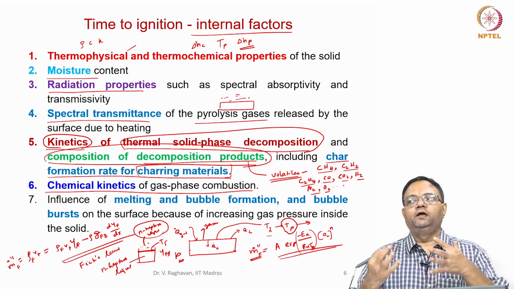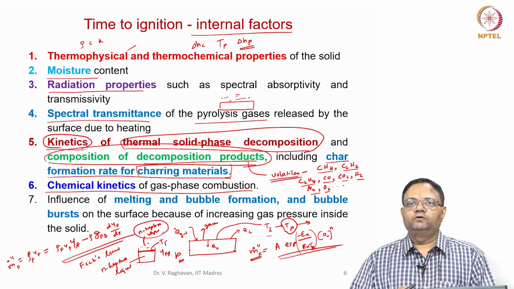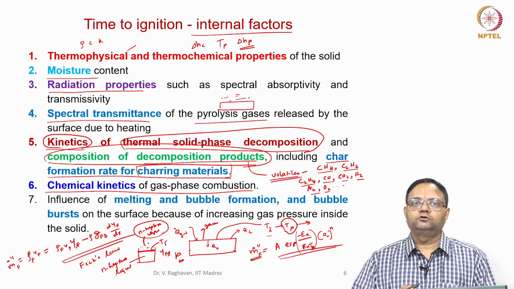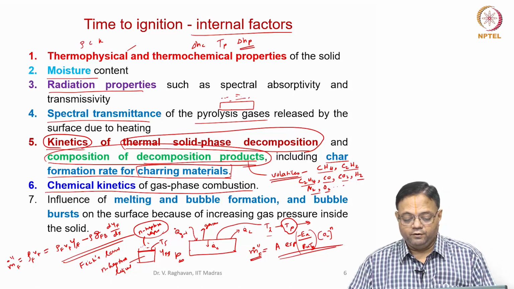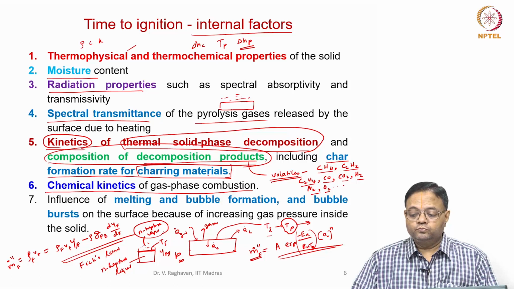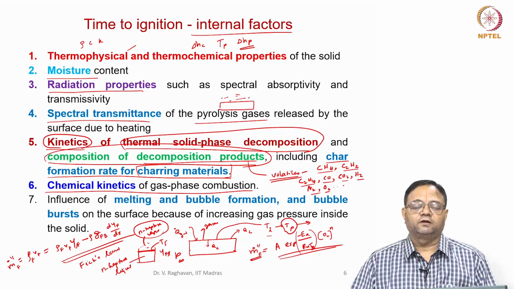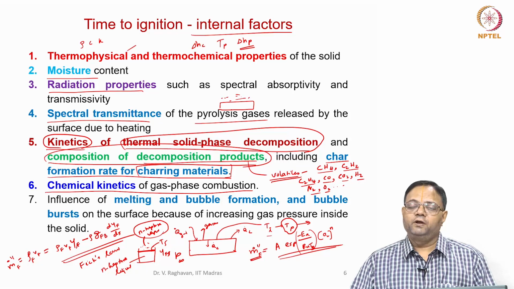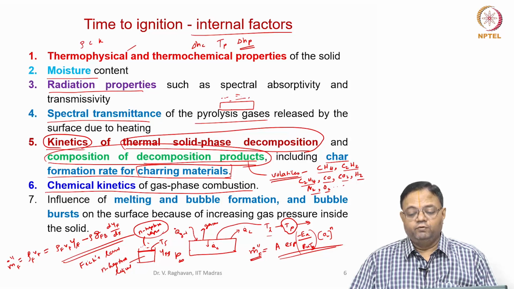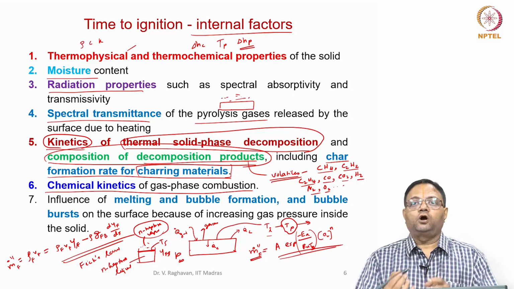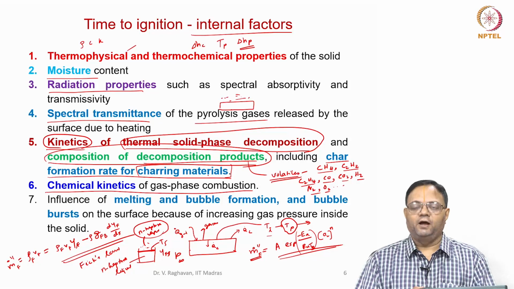When the volatiles are released, there will be fixed carbon and ash, which together are called char. On the other hand, if you take a non-charring solid material like say a plastic, polyethylene or PMMA, etc., we will not have char formation. Some impurities may be there.